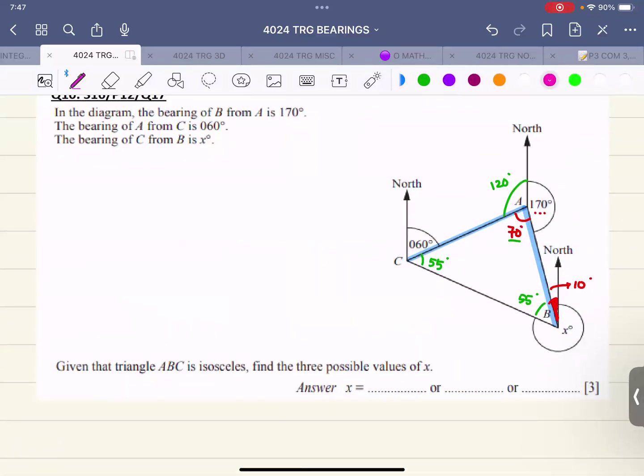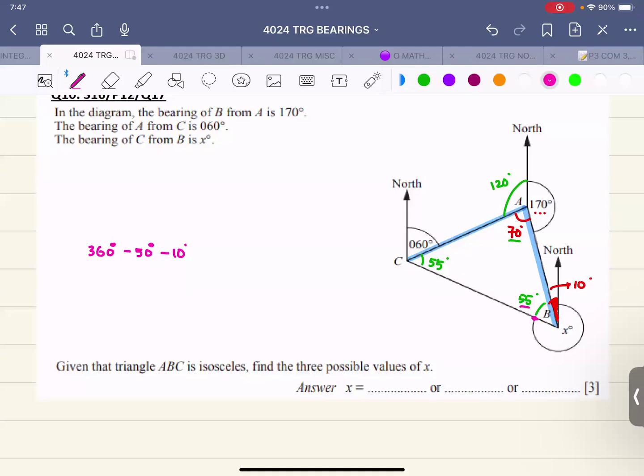For the first part, we will say that the value of X is all the way up till here. So that would be 360 minus 10 degrees, minus 55. So the first answer is 360 minus 50 minus 10 degrees. Because you have to subtract this also.